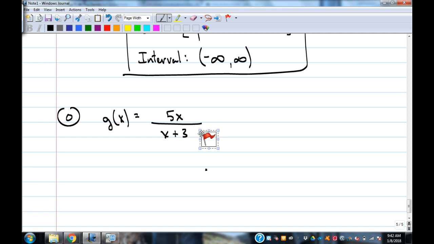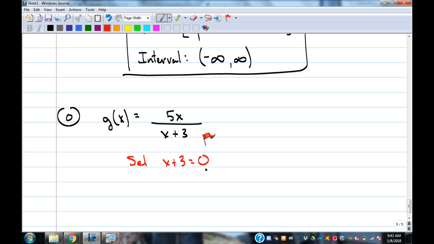That's a red flag because that x is in the denominator. So if an x is in the denominator, we need to know what number is going to make the denominator equal to 0. Okay? So what we're going to do is set x plus 3 equal to 0, and solve it. So if there's an x in the denominator, set the denominator equal to 0.